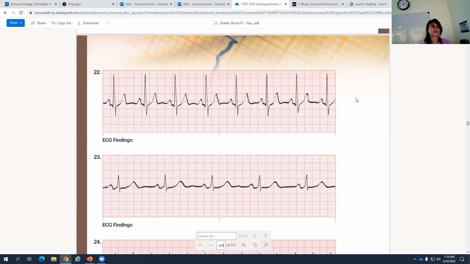And there's about 4 boxes between each one, so it's a regular rhythm. Then we look at the rate, and the rate is 80 per minute. We've got P waves. PR interval is about 5 boxes, that's normal. QRS is less than 3. So what conclusion do we come to? Normal sinus. Very good, normal sinus rhythm. Good job.